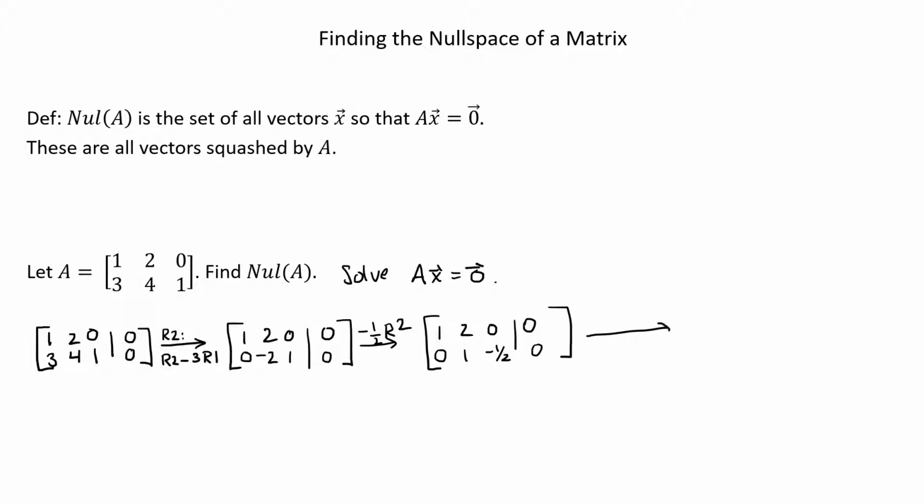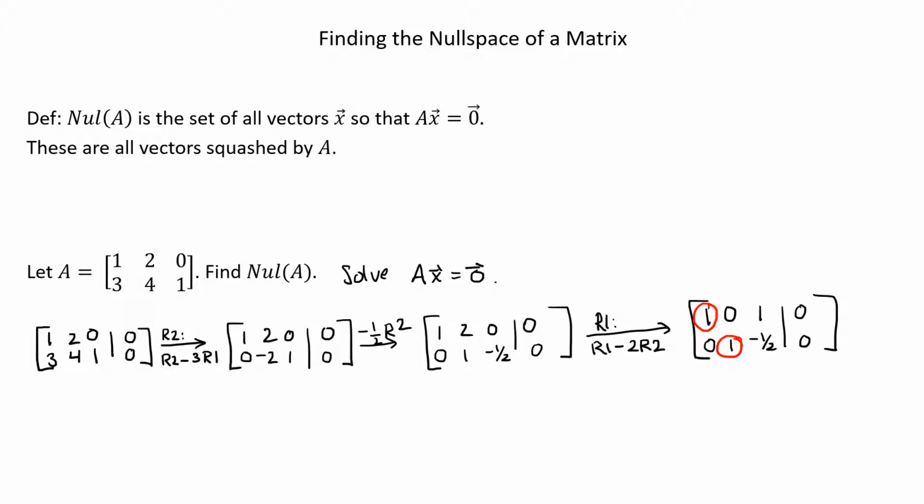We're going to replace row 1 with row 1 minus 2 row 2. So we're doing that back substitution. And at this point, we have our matrix in reduced row echelon form. We see our pivots marching to the right. They're all equal to 1, and they have zeros above and below them.